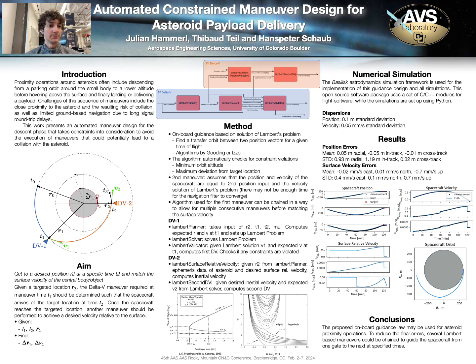Once we're at that targeted location, there is the Lambert surface relative velocity module, which computes our required inertial velocity such that we match a desired surface relative velocity with respect to the asteroid. And with that, we have the last module, which is Lambert second delta V, and this module will compute the second delta V that's required to match the surface velocity.